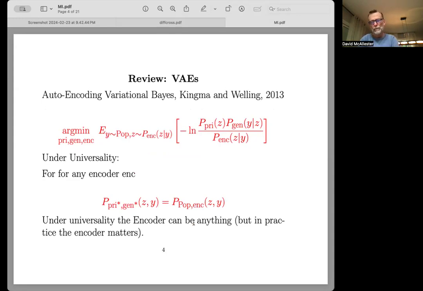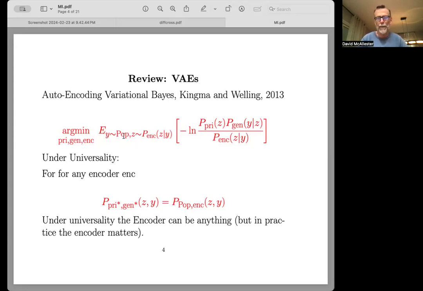Okay. The next objective is variational autoencoders, VAE. So this is the ELBO. This is the VAE objective function. You're going to optimize over 3 distributions. We have the population distribution, of course.